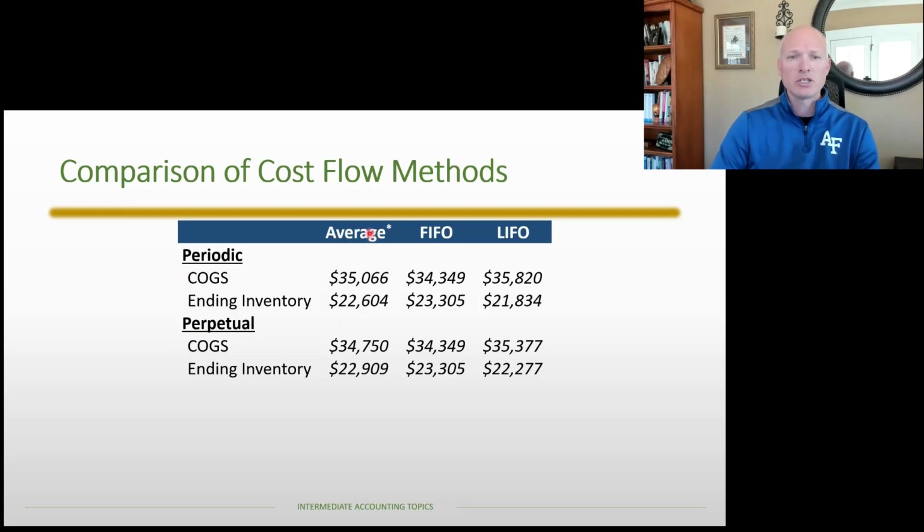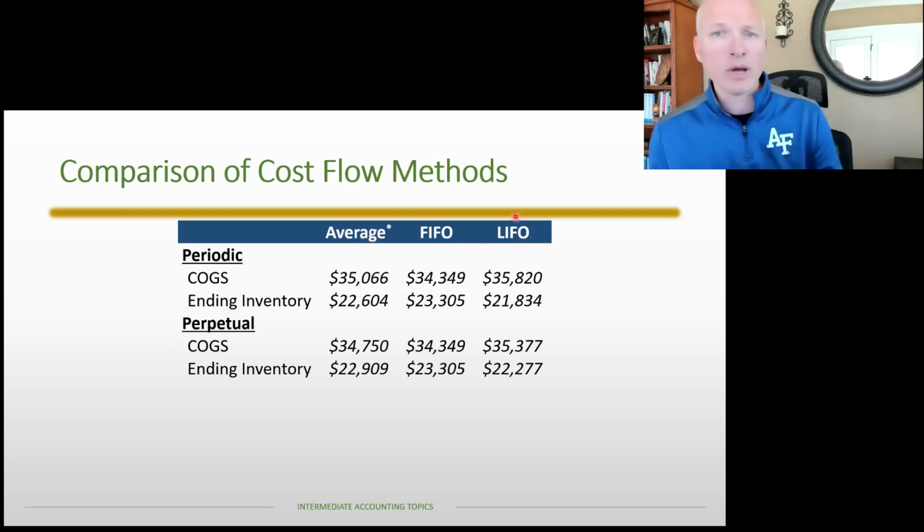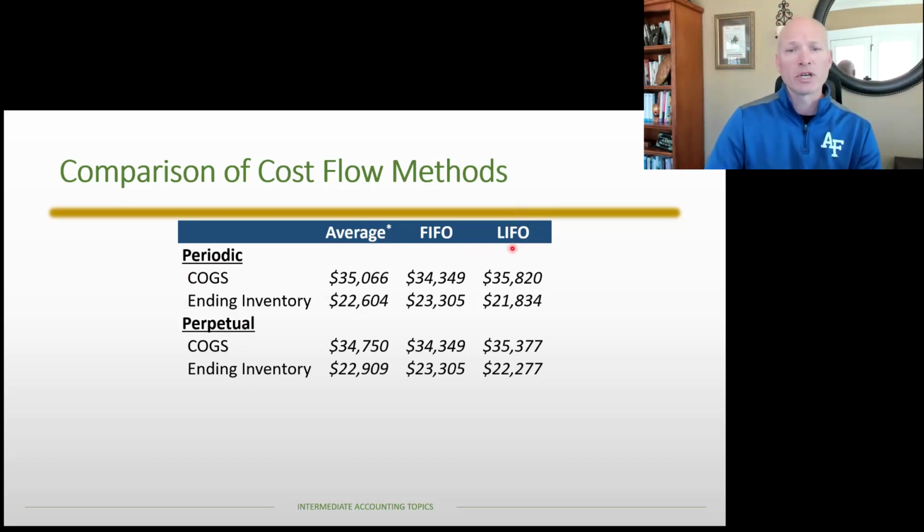And so just to highlight here, we had increasing prices. And so as prices go up, if we look at LIFO, you can see that LIFO had the highest cost of goods sold of the three cost flow assumptions, and it had the lowest ending inventory. FIFO had the lowest cost of goods sold and the highest inventory. And so anytime you have price increases, it's going to look that way, and then average cost is going to be somewhere in between.